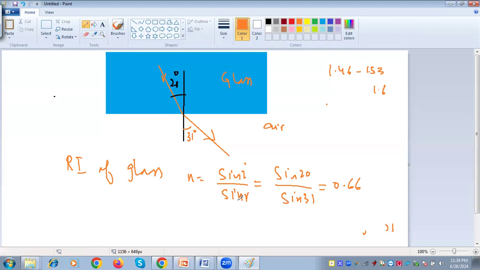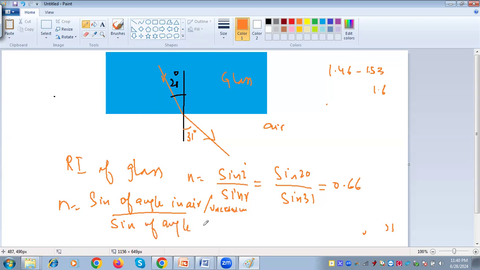So what do we do? We take it this way. When a ray goes from denser to rarer medium, we write the formula as sine of angle in air, or vacuum, divided by sine of angle in medium.